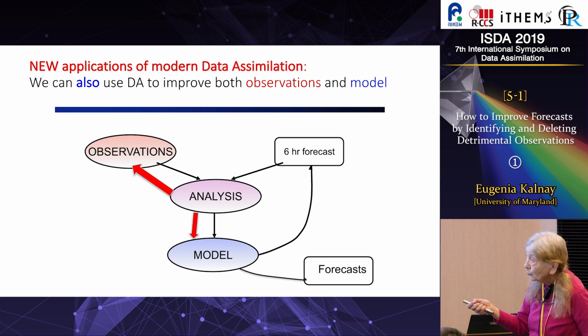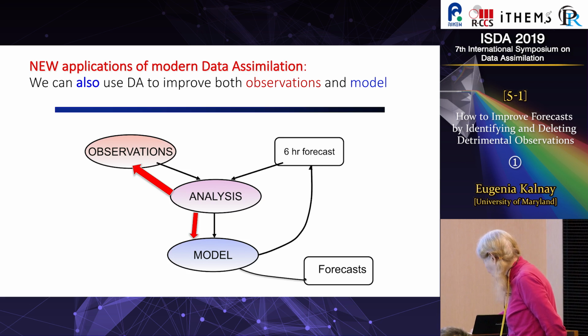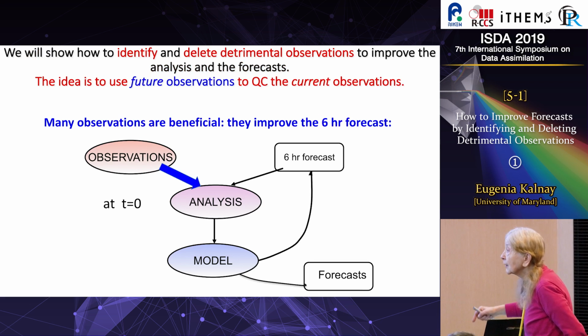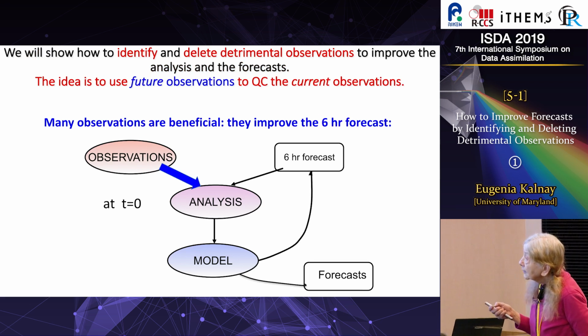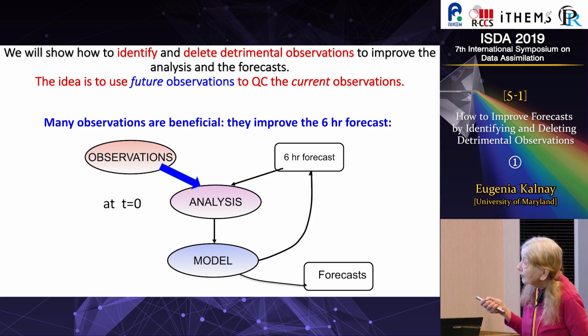Now I'm going to talk just about the observations, but it's also important how to improve the model. We will show how to identify and how to delete detrimental observations to improve the analysis and the forecast.